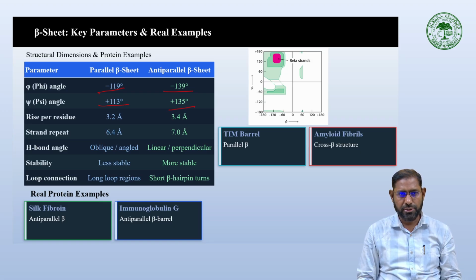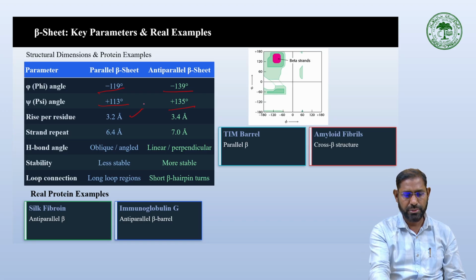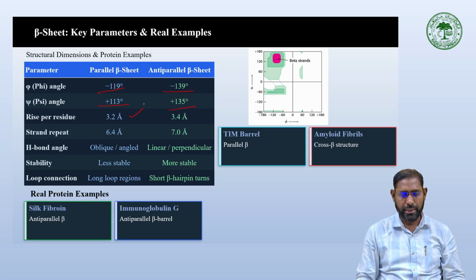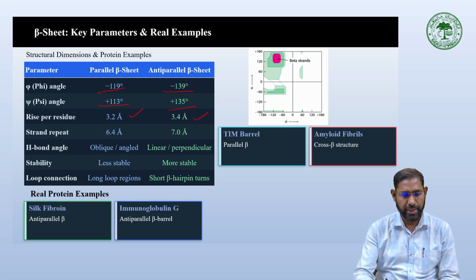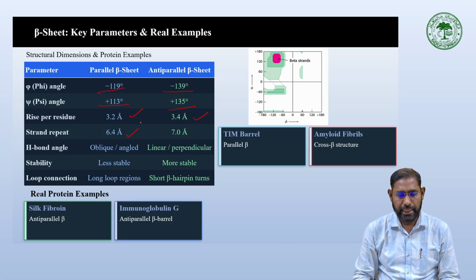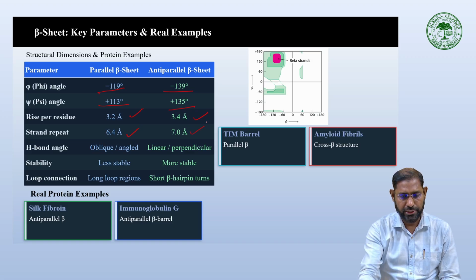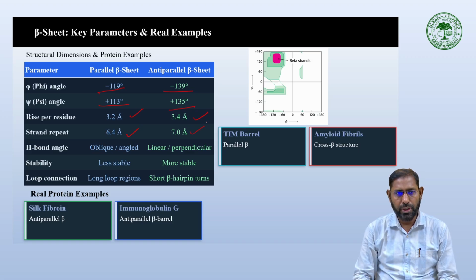Rise per residue in parallel beta sheet is 3.2 angstrom and anti-parallel 3.4 angstrom. Strand repeat is 6.4 angstrom in parallel beta sheets, and in anti-parallel sheets it's 7 angstrom. H bond angle is oblique and angled in parallel beta sheet, and in anti-parallel it is linear or perpendicular. Parallel beta sheet is less stable and anti-parallel is more stable.